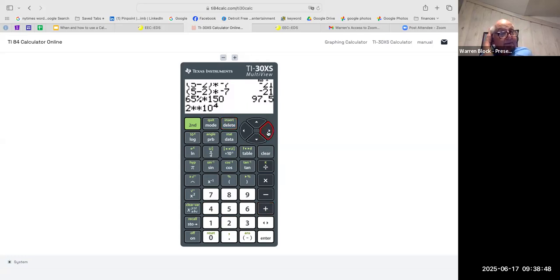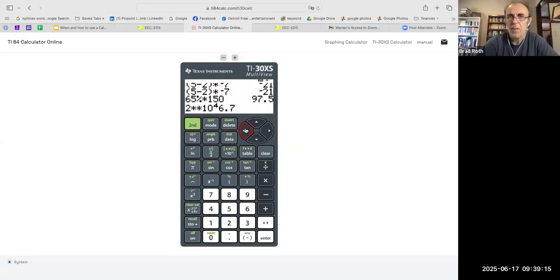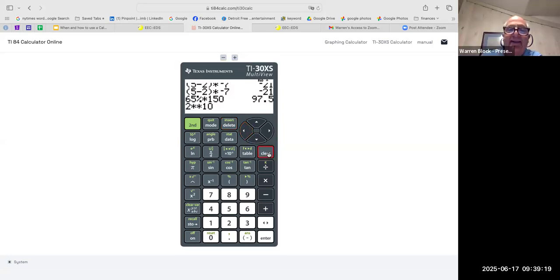So to get down to reality, I press the down button. Plus 6.7. I'm going to go back and insert right here, hopefully. I think the 10 to the n has the times built into it, so you don't want to do a times and then 10 to the n, because it gives you 2 times.